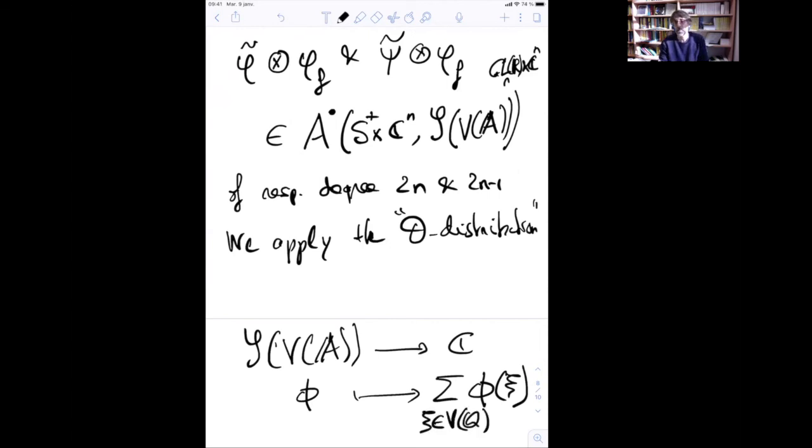And when I say lattice point here, it's all the rational points, but remember that the support of a Schwartz function is contained in a lattice.